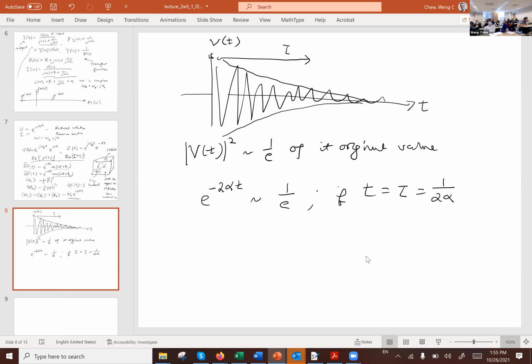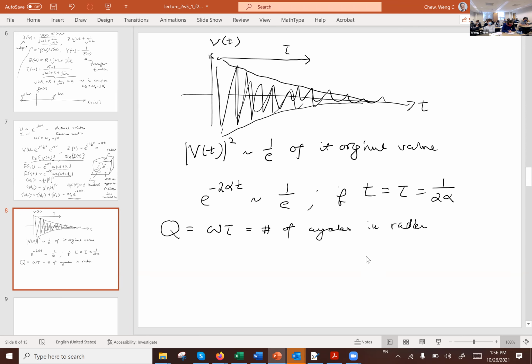The Q is the number of cycles that you have in the field before it decays to 1 over e of its original value. There is a number of cycles in this time scale tau, in radians, and Q is defined to be that number.